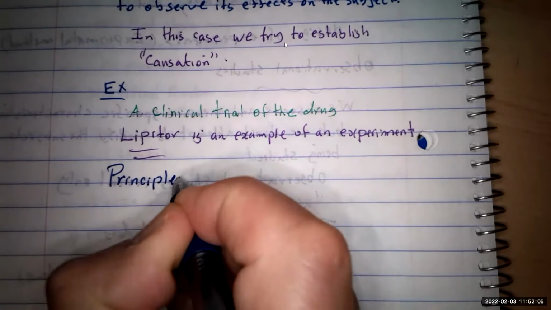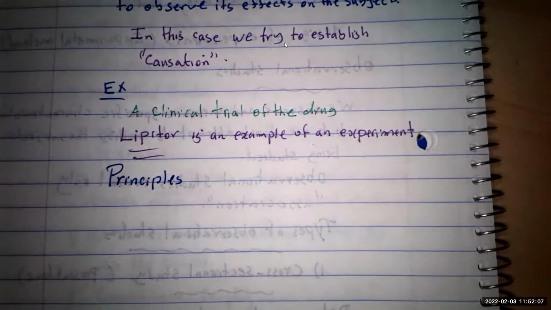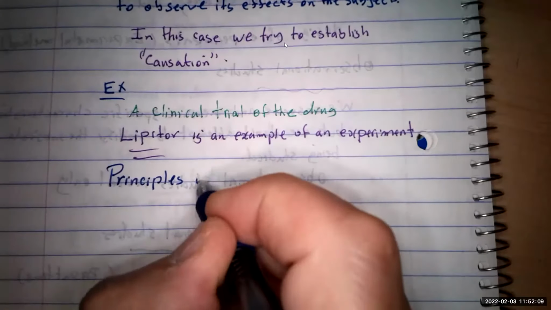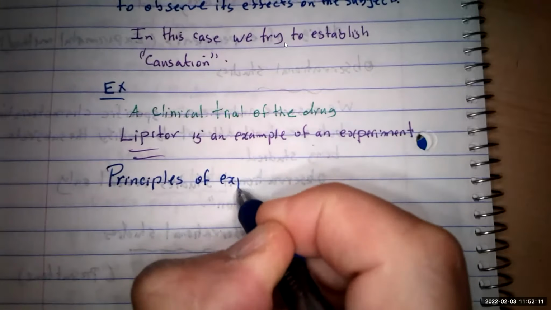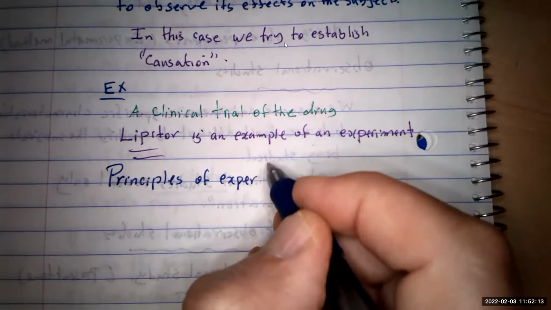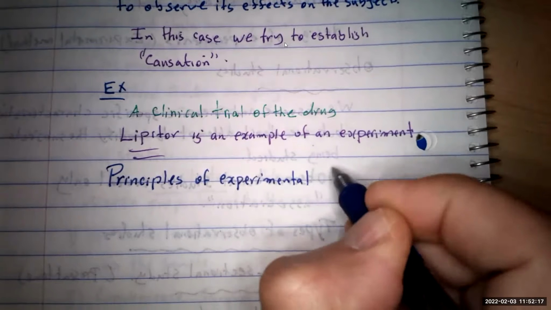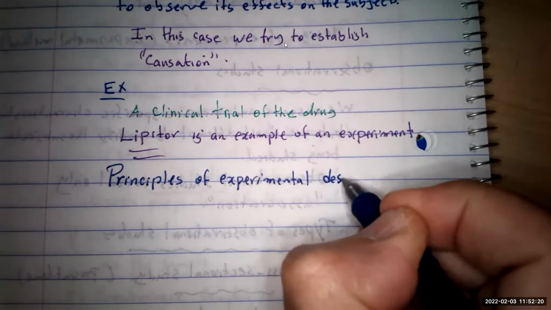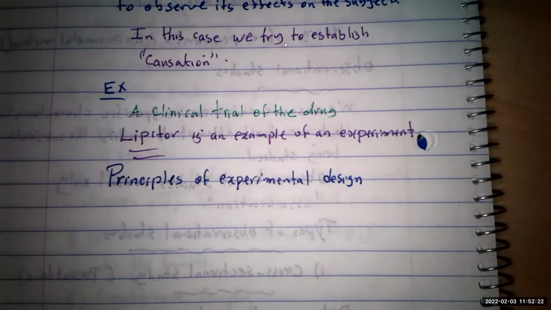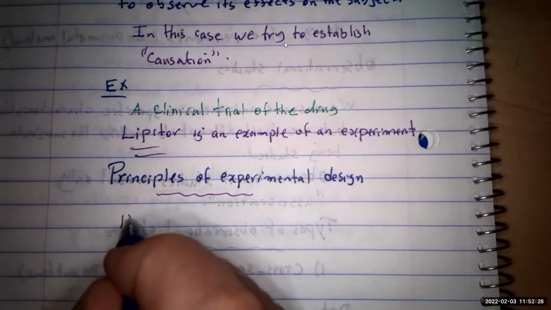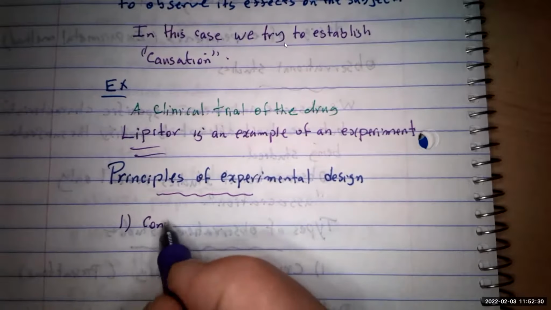Again, you may have heard about this in the news: principles of experimental design. They usually go with three rules. The first one is control.